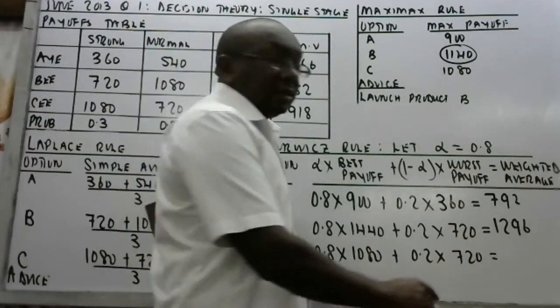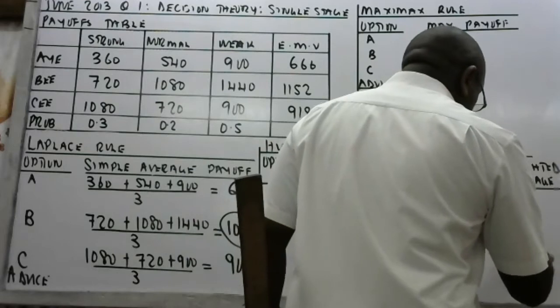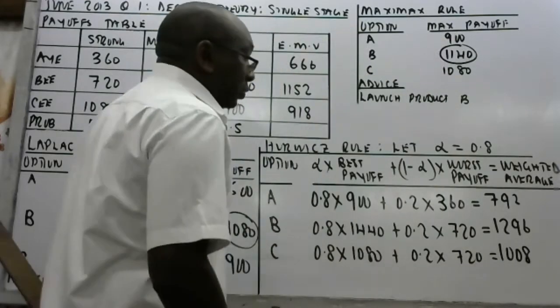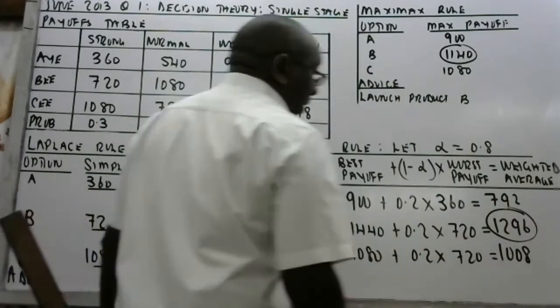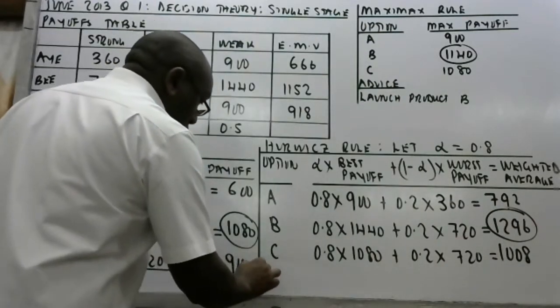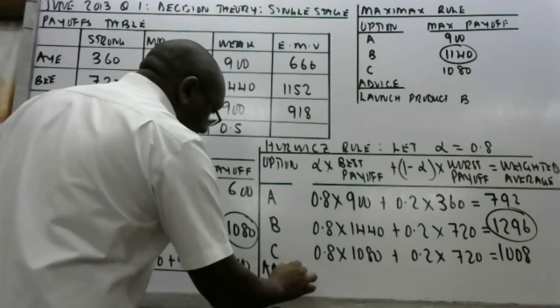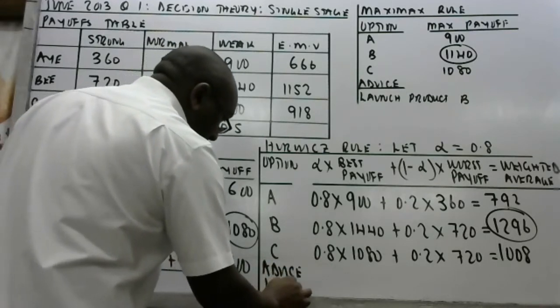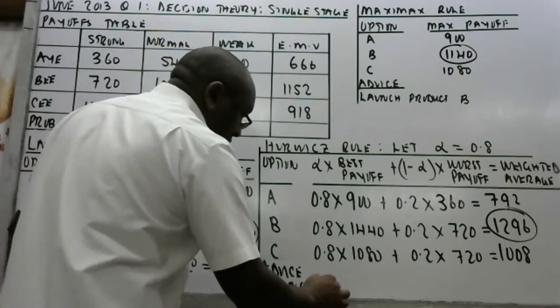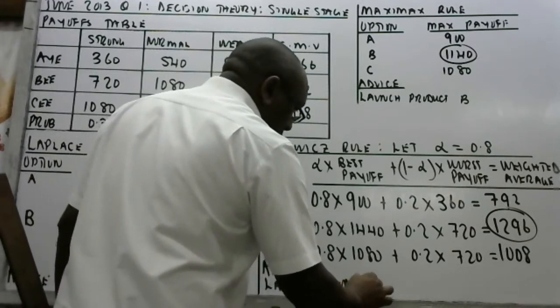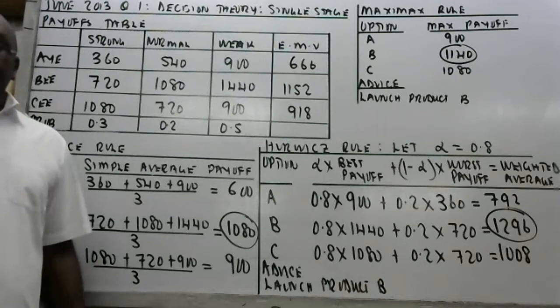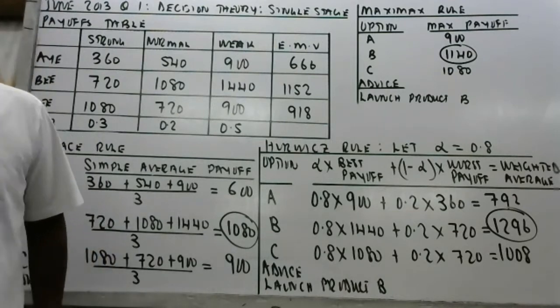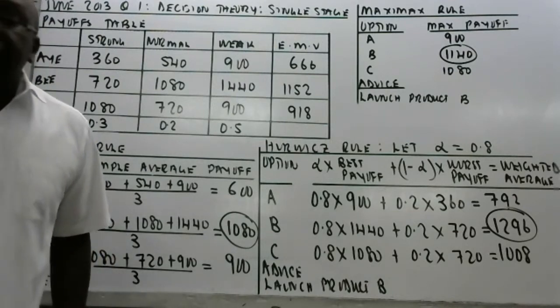Yeah, I can see the answer, 1008. So again, there you go for the highest, and that happens to be B. So the advice is they should launch product B. Remember, I said it's only a coincidence that so far those rules appear to point to one product.